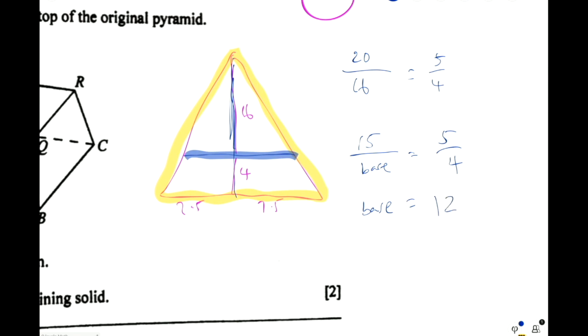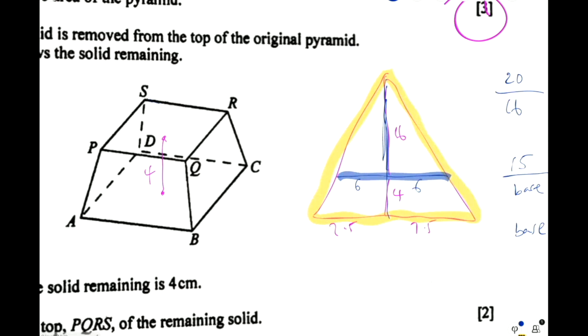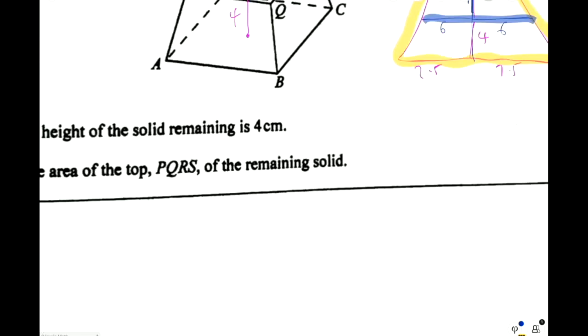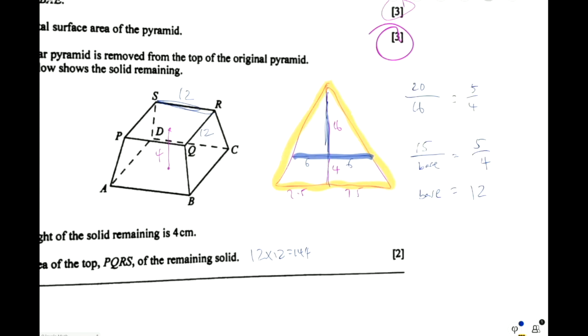Okay, so the base is 12. Right? That means this part is 6, this part also 6. So this thing is 12. If it's a square base, 12 times 12 should give me 144. Is that alright for this part of the question?